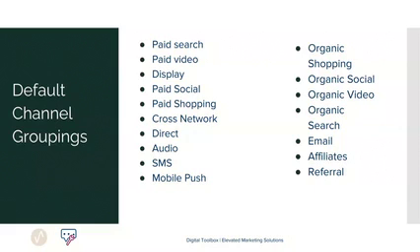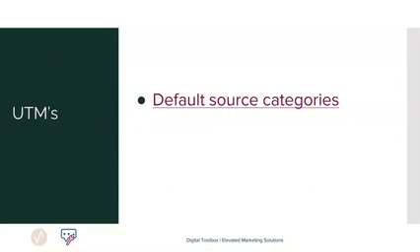So it's really a big upgrade from what there was before. There is a whole list of default source categories that we will have along with this for you to understand what category your potential marketing is going into. So be sure to check out that resource.